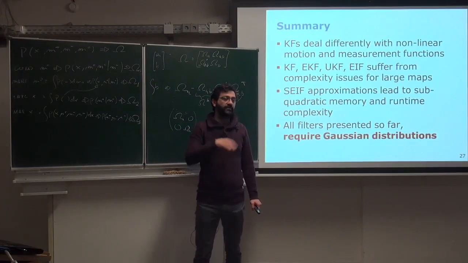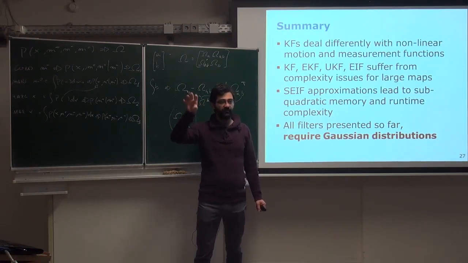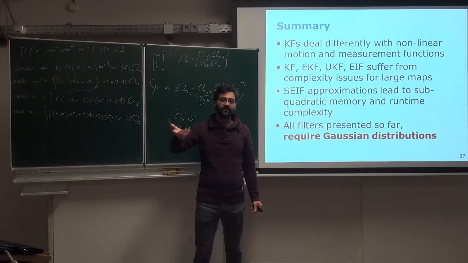Intuitively, the way we break sparsity in the information matrix is because we are marginalizing the previous pose, right? If you never marginalize the previous pose, then we never have fill-in in the information matrix. And when we say that we don't marginalize the previous pose, we're actually addressing the full SLAM problem.